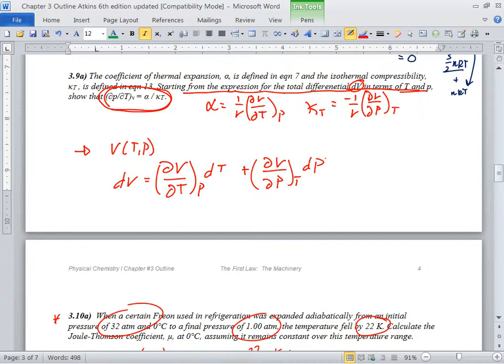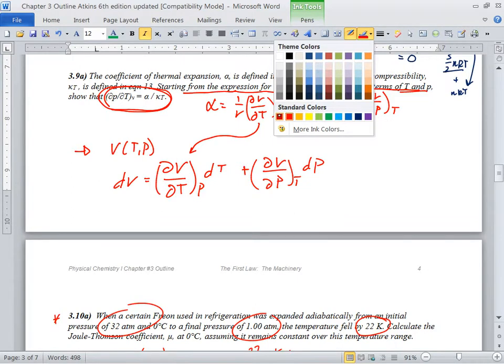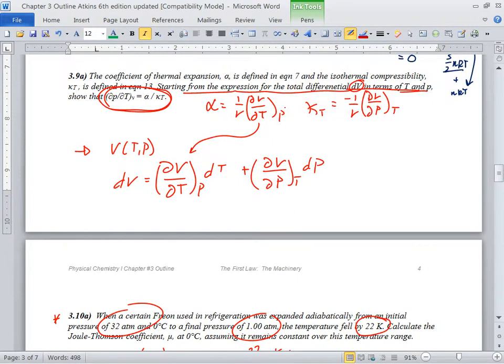We're getting close here. This is looking really close to that, isn't it? We just need to multiply it by 1 over v. So if we multiplied everything through by 1 over v, that would give us that.